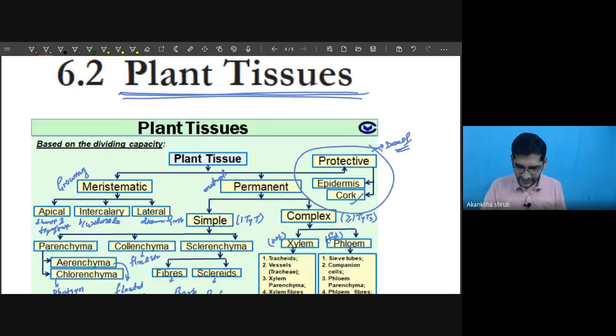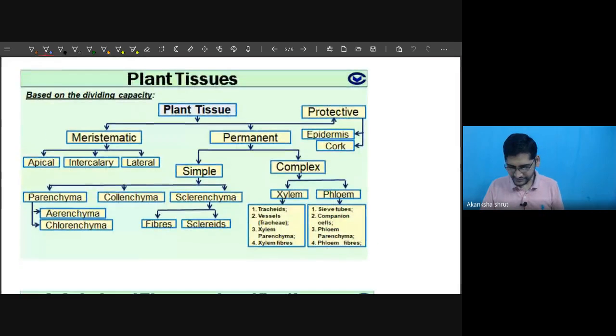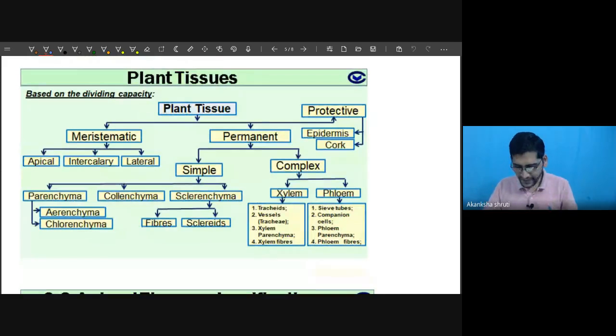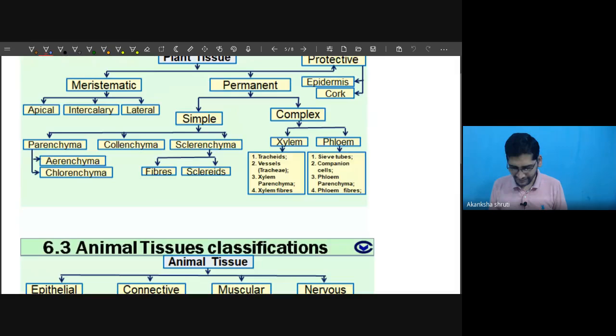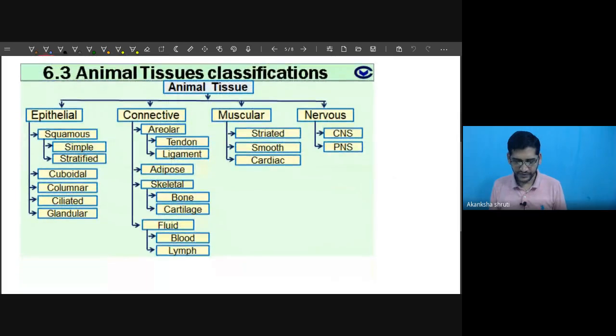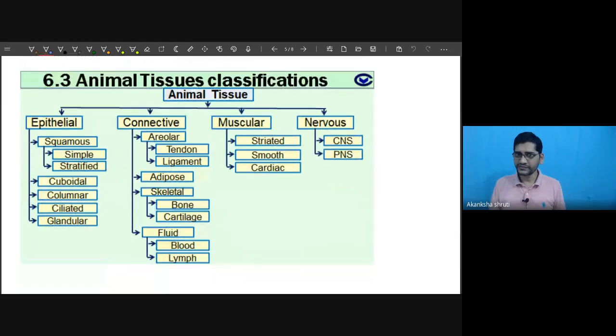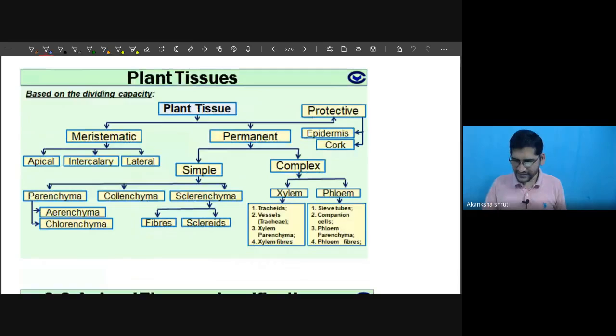Now about each and every kind of this, we are going to write the topic name and their importance. Then we will also go for the animal tissues, which again are of the same categories, and I had also explained. So students, let us first go for these plant tissues.